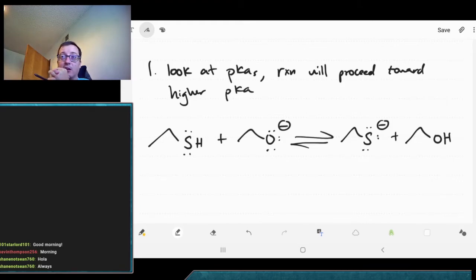Or we can just take a look at the conjugate bases. We can see which side has the more stable conjugate base also.